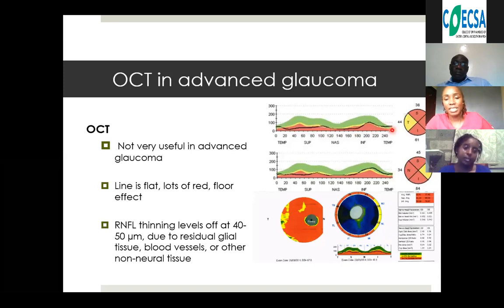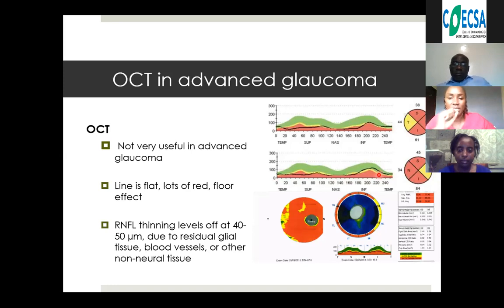And this is especially when the RNFL is at the level of between 40 and 50, because all you're getting is a measurement of the residual glial tissue, blood vessels, and other non-neuronal tissue. So if a patient has a CDR of 1, you don't really need an OCT for diagnosis or to follow up, because if you repeat the OCT, all the OCTs will just look the same. So you're not going to get any new information.